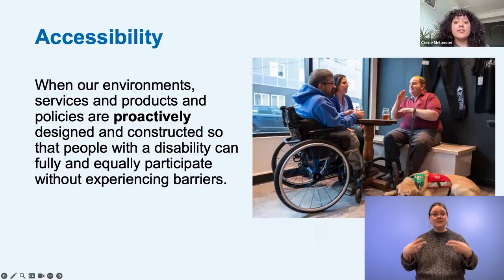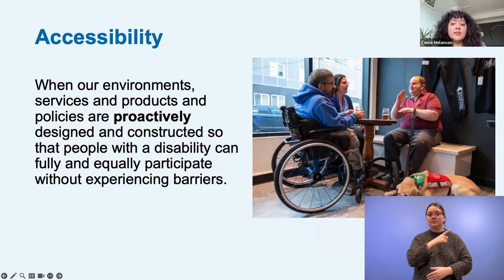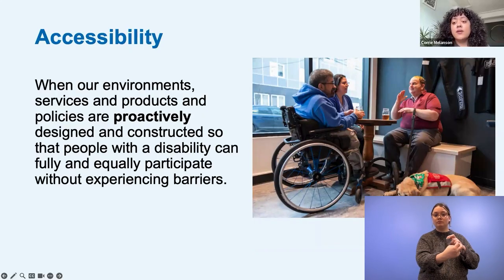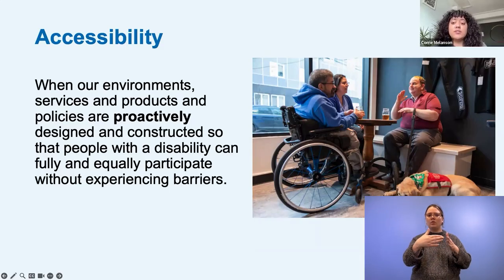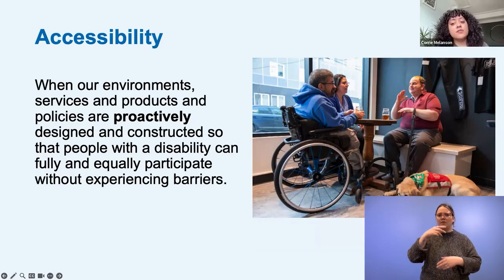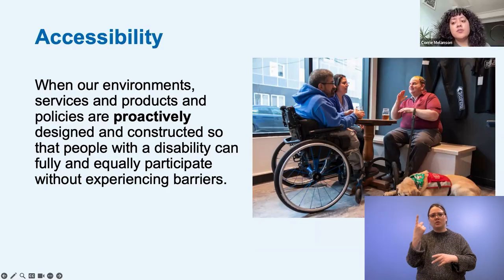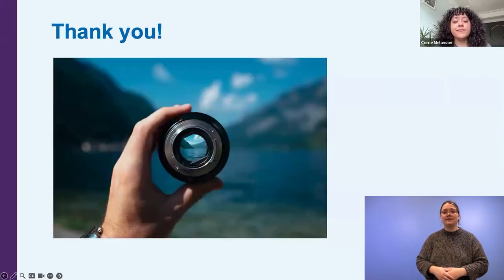Okay, so and on the slide, there is an image of three people seated and sharing drinks in one corner of a bright space, including one who uses a manual chair and another who has a service dog on a leash. And the person who has a service dog is also signing in ASL.